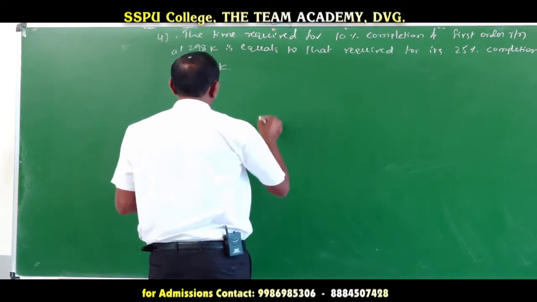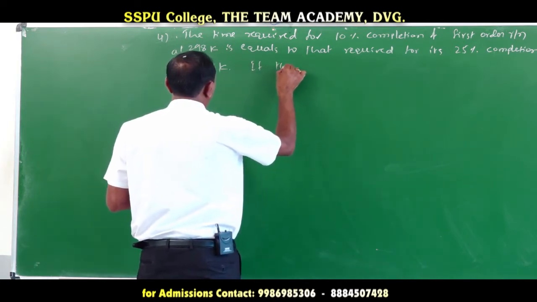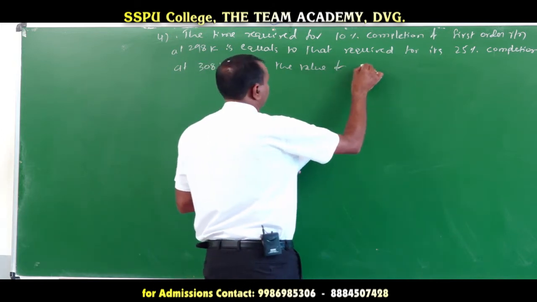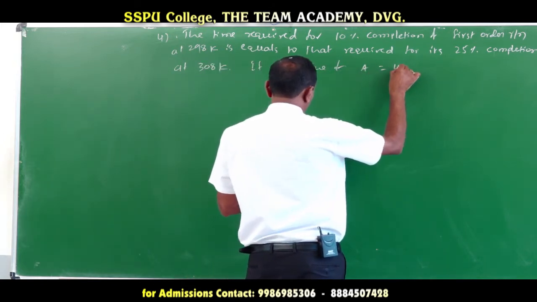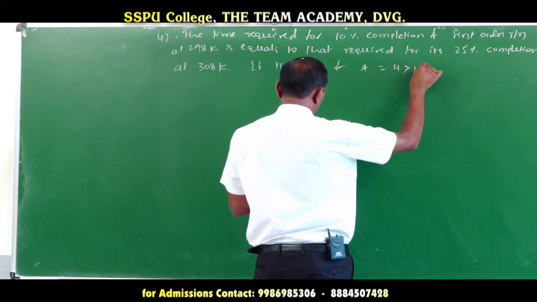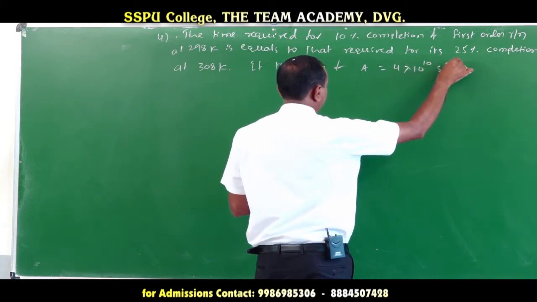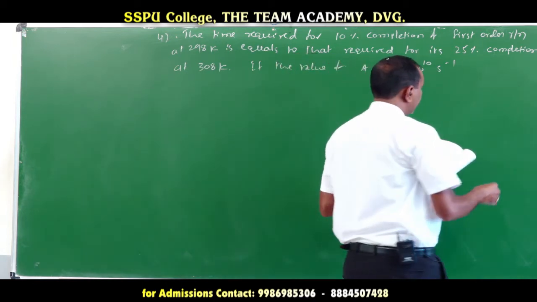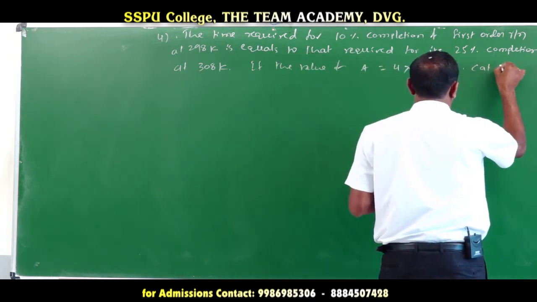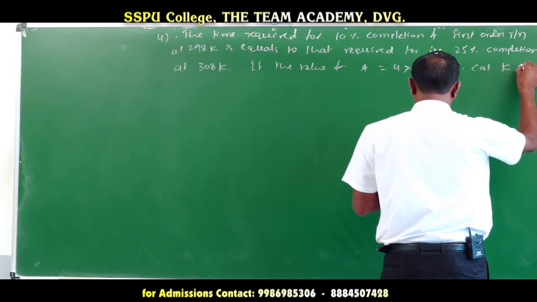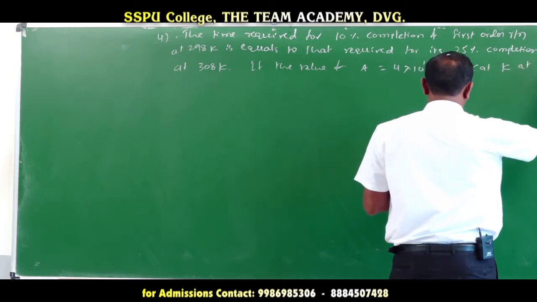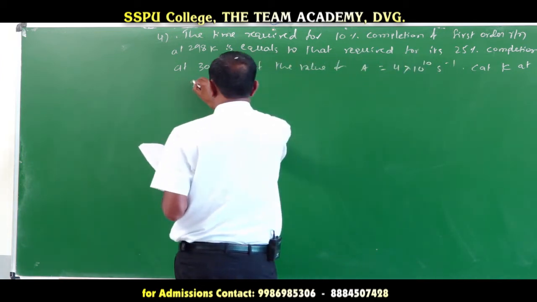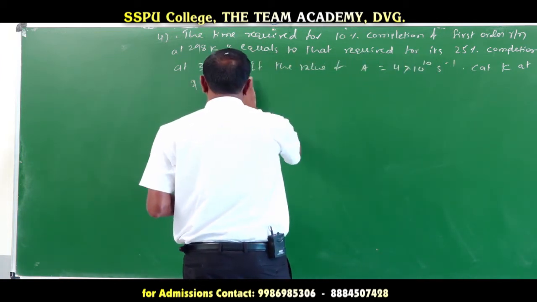If the value of A is 4 into 10 to the power of 10 per second, calculate K at 318 Kelvin and EA, the energy of activation.